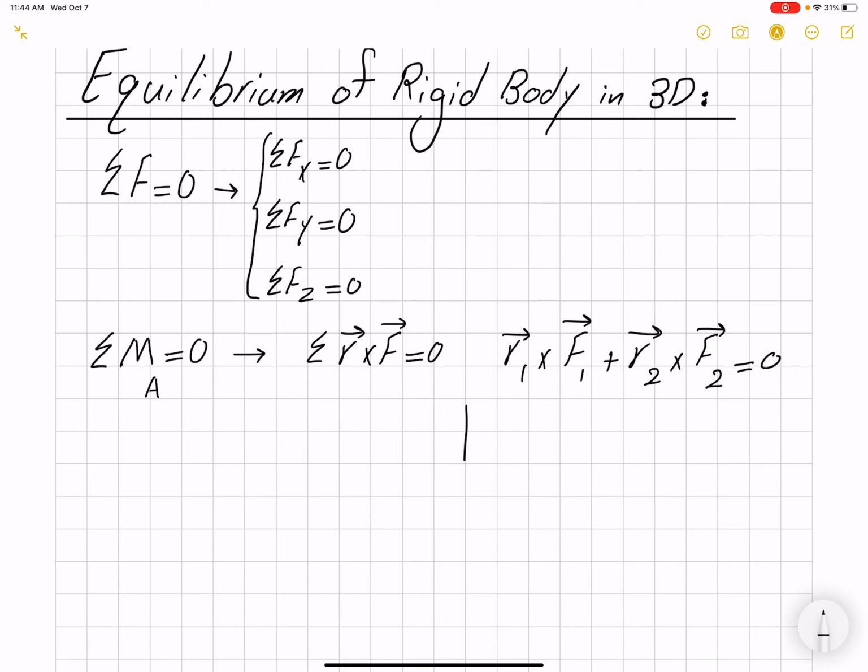And if you have two cross products, you have to do the cross product twice. In the cross product, the first row is i, j, k, the second row is rx, ry, and rz, and the third row is Fx, Fy, and Fz.